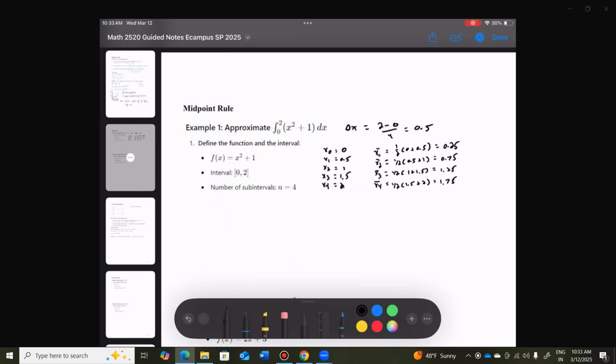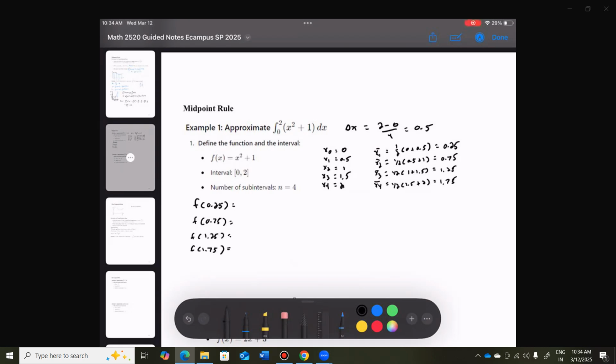So now we find f of 0.25, f of 0.75, f of 1.25, and f of 1.75.